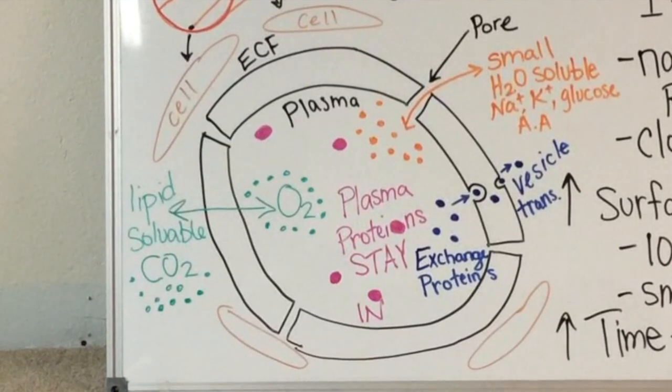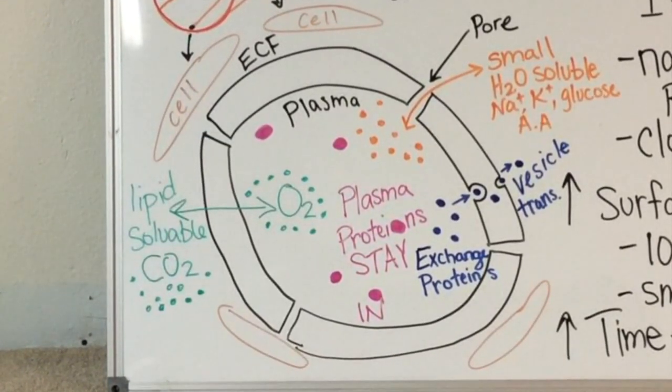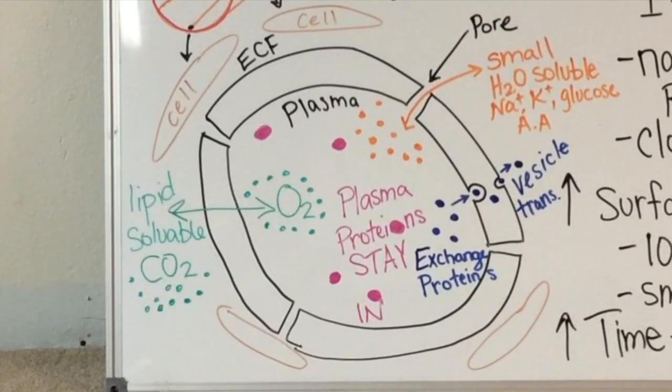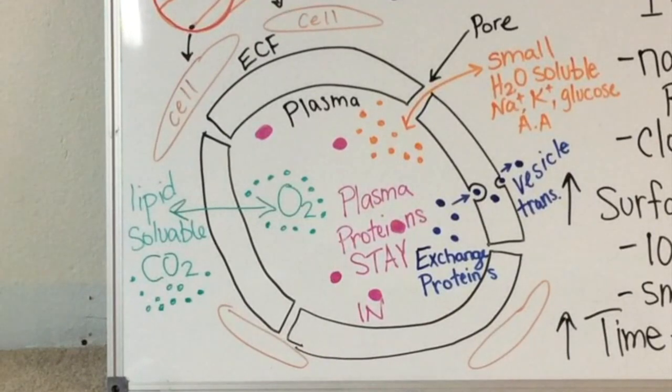Plasma proteins stay within the plasma. These plasma proteins are very important in transporting waste and other hormones throughout the body, and also are important for maintaining an osmotic gradient.